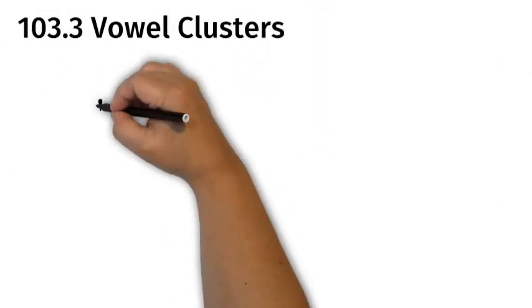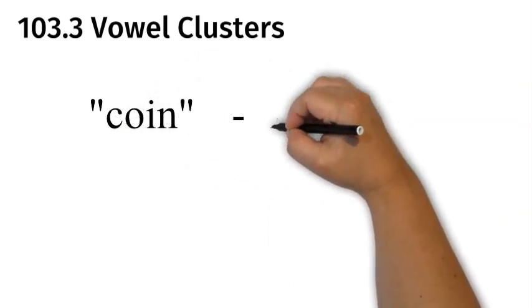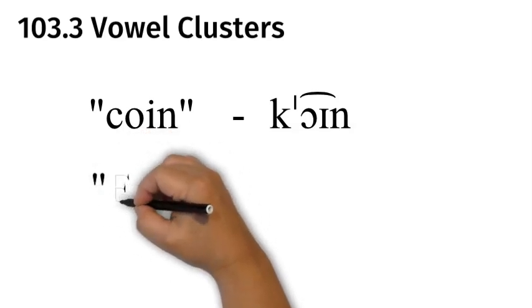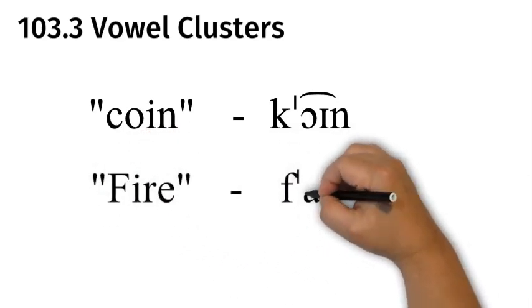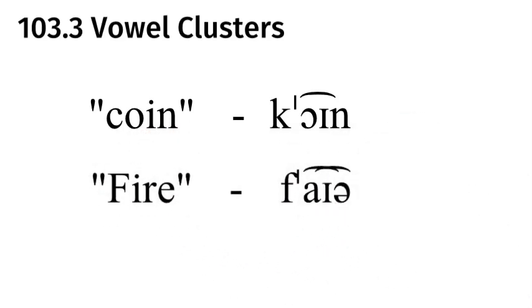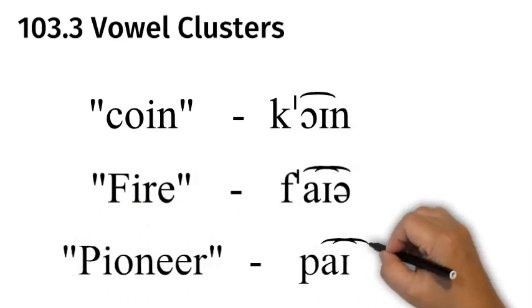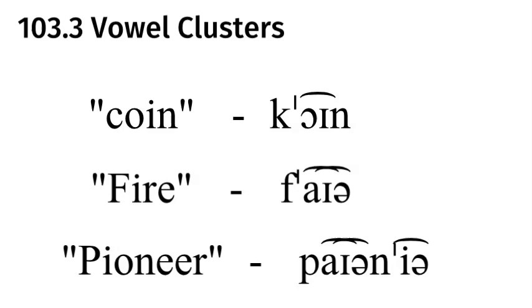While diphthongs involve a smooth transition from one vowel sound to another within the same syllable, producing a single complex sound, vowel clusters refer to two or more vowel sounds pronounced sequentially within a syllable without intervening consonants.